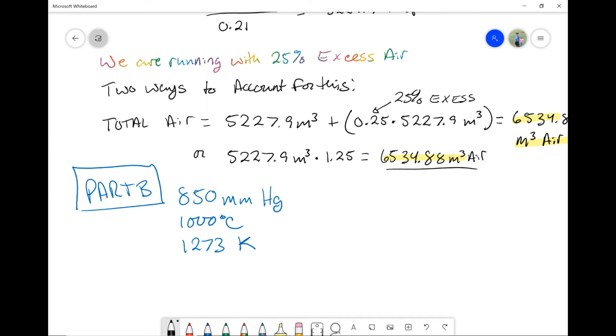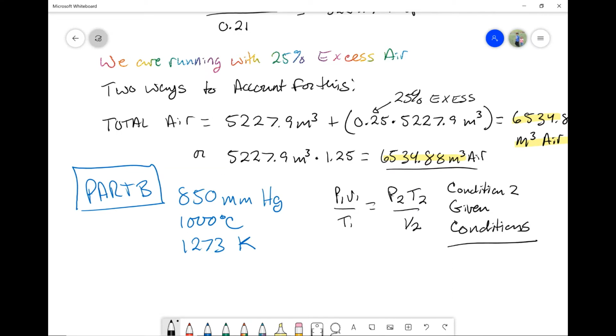And we're going to figure out this volume using, again, our P1 V1 over T1 equals P2 V2 over T2. And in this case, our condition 2 is the given conditions, which are these here.